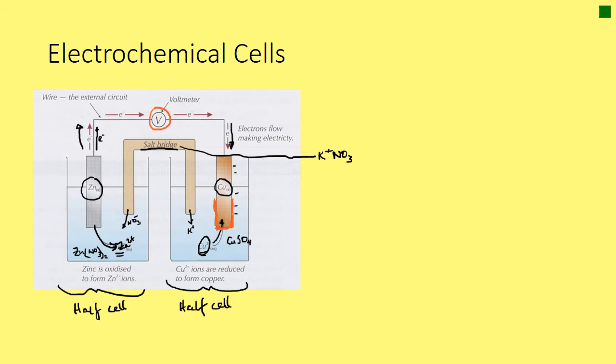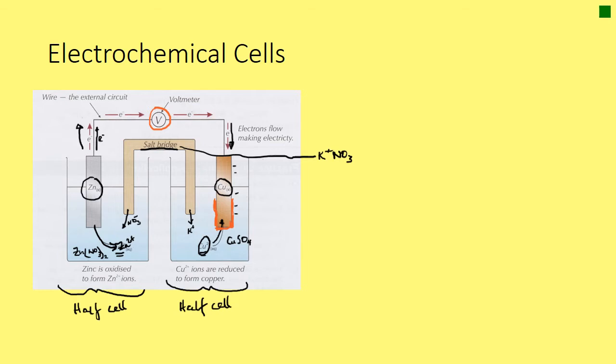As I alluded to in the previous slide, an electrochemical cell can be made from two different metals, like copper and zinc, for example, that we mentioned, but they need to be dipped in salt solutions of their own ions. So if that was copper, it might be copper sulfate, and zinc might be dipped into zinc nitrate.